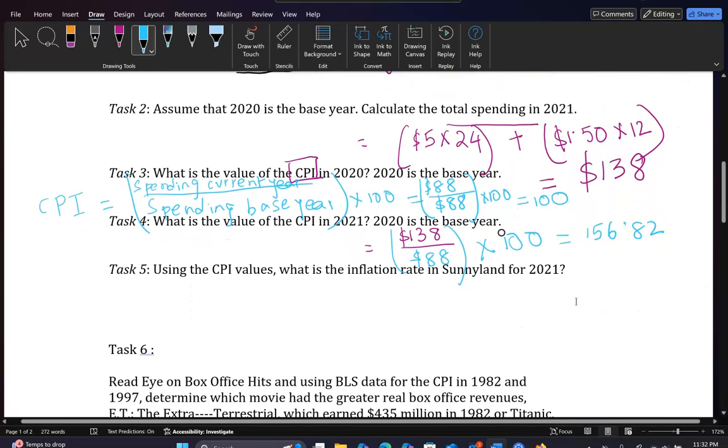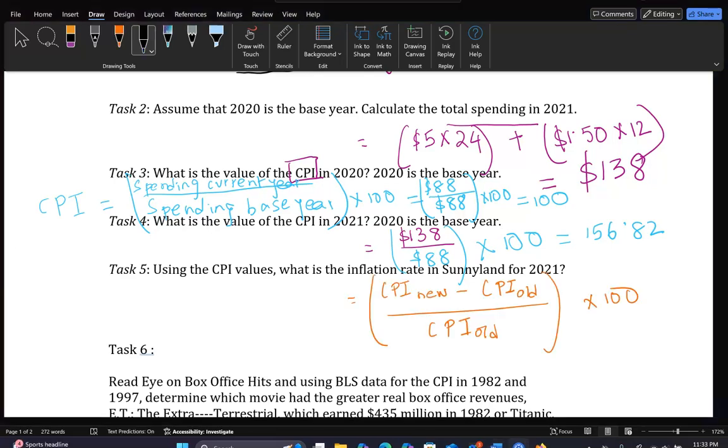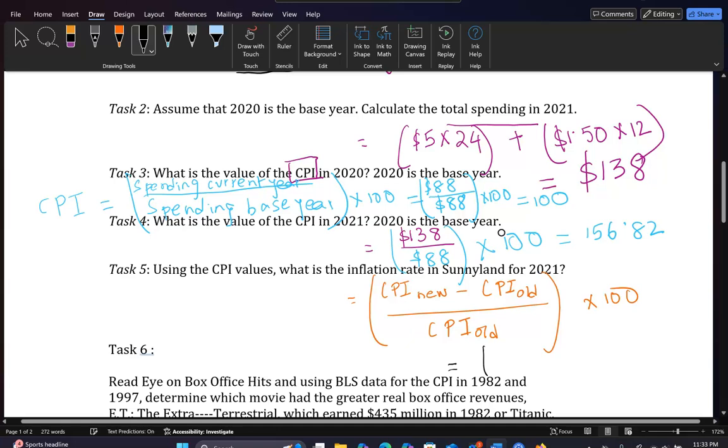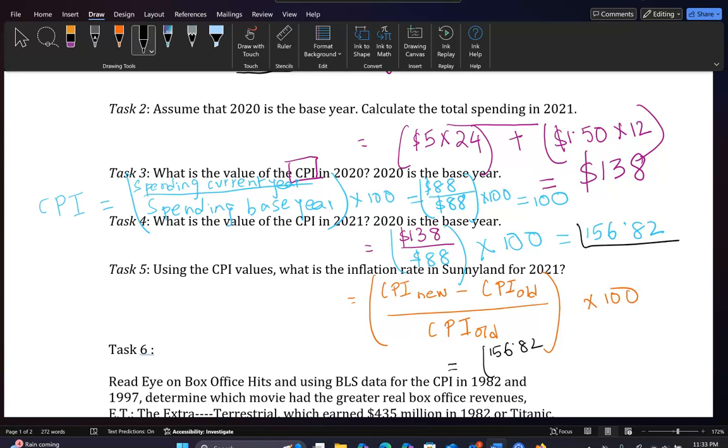Now task 5, we have to compute the inflation rate. This is the formula for computing the inflation rate. That's CPI new minus CPI old over CPI old times 100. So writing down the numbers, 156.82, that was CPI new.